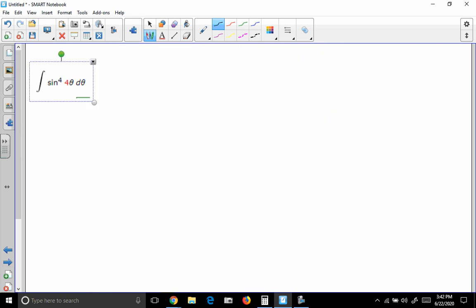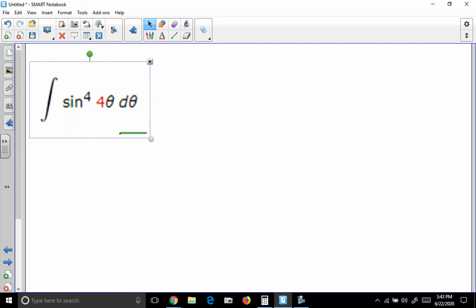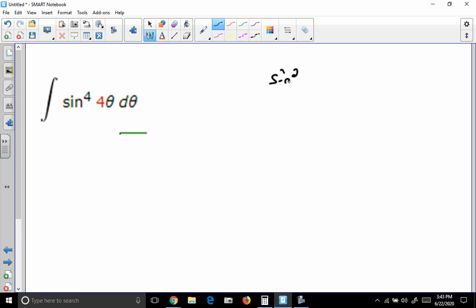All right, let's take a look at this one. This one doesn't have any cosines. The sine that it has is even, so we can't keep an odd amount of sines and change everything else to cosines. So here's where we have to use that identity that we mentioned, that sine squared is 1 minus cosine of twice our angle over 2.